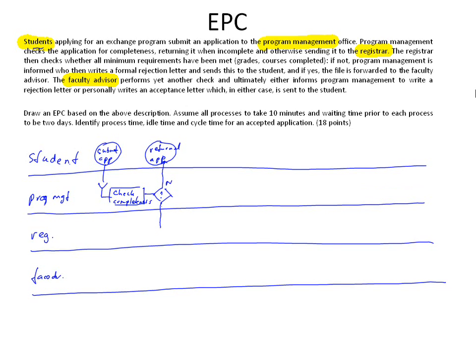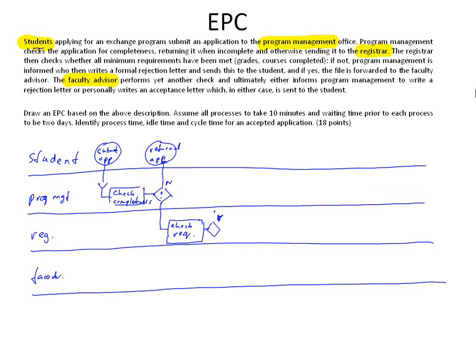What happens at the registrar is that the registrar makes another check. Check for minimum requirements. Check for the formal requirements, and again a decision is made, yes or no. In the case that everything is okay, we go to yes.